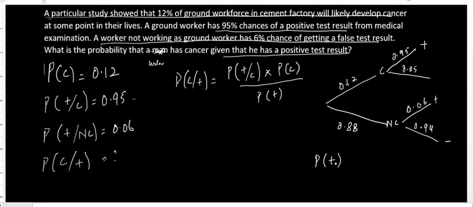As we have already explained in the previous lecture, it is the calculation of the marginal probability, which is equal to the sum of the joint probabilities occurring together. So it is going to be equal to the probability of the positive result and cancer plus the probability of positive result and not cancer.